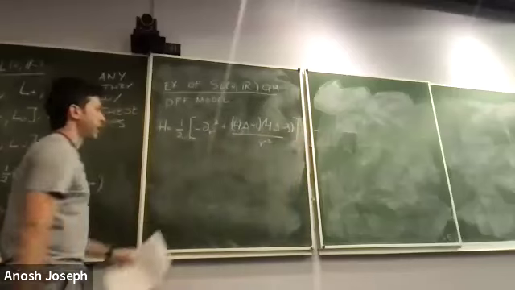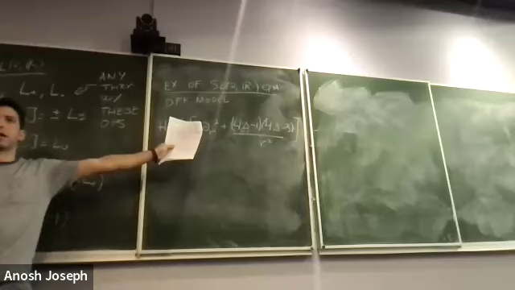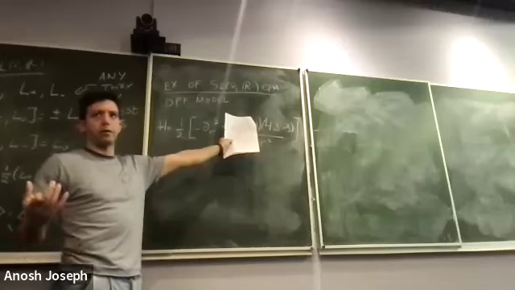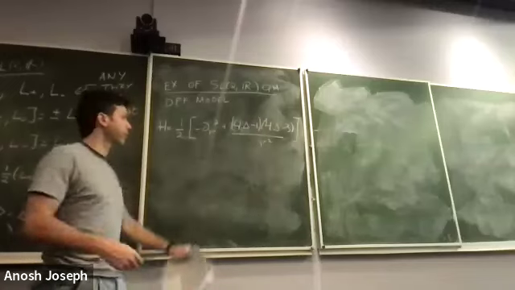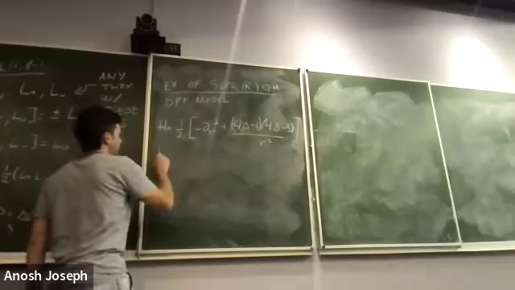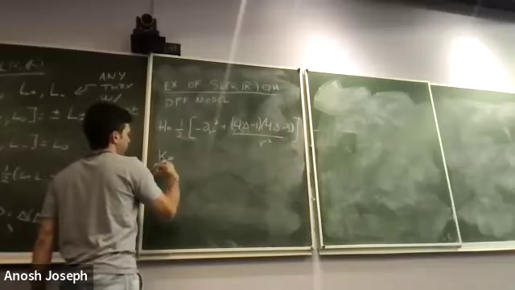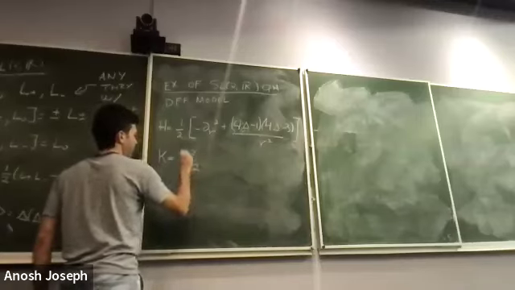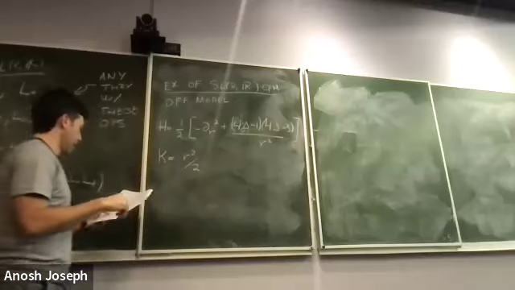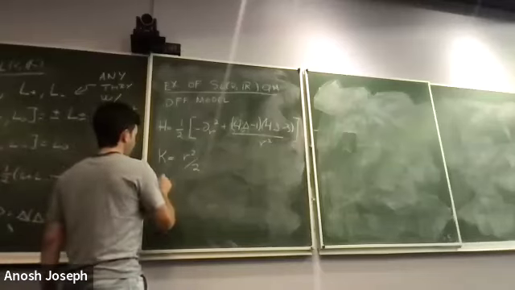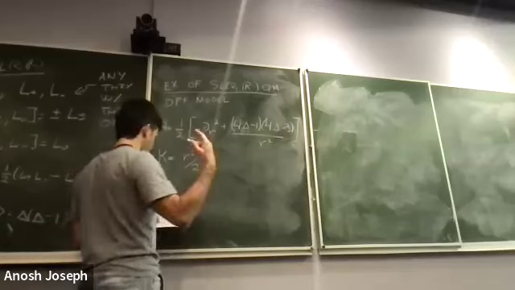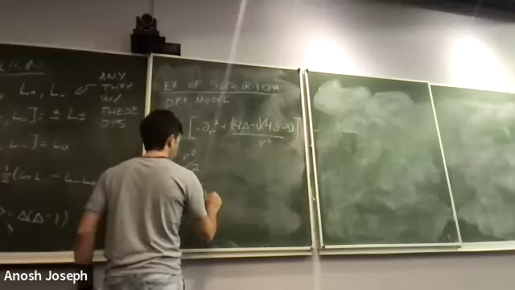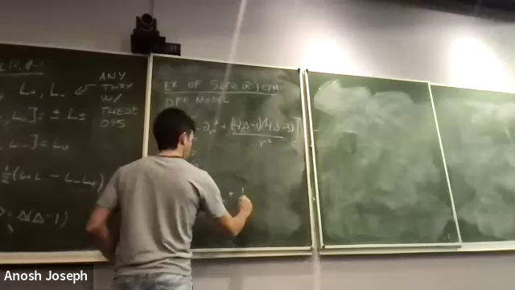So it has a Hamiltonian that has a 1 over R squared repulsive potential. It has a K, which is usually called the generator of special conformal transformations, but here it's just R squared over 2. And it has something called D, which stands for the dilatation operator, R d/dR plus 1.